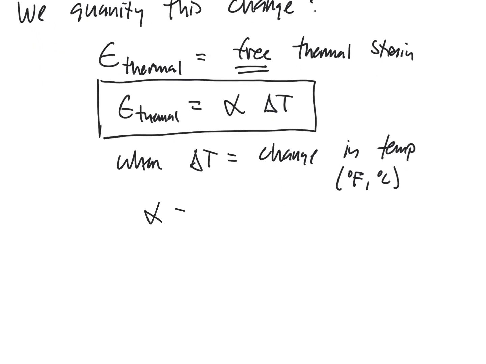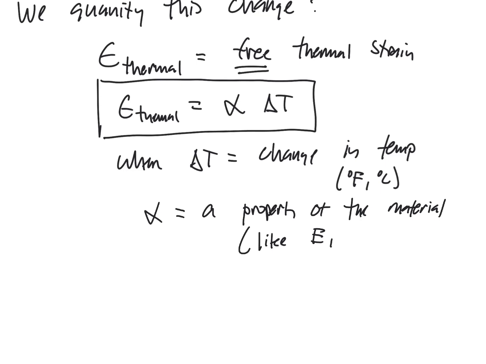Alpha is a very important parameter for us. It's another property of the material, just like E, G, and nu. It is just like the modulus of elasticity, the shear modulus, or the Poisson ratio. And it has a name that's a little bit unwieldy.